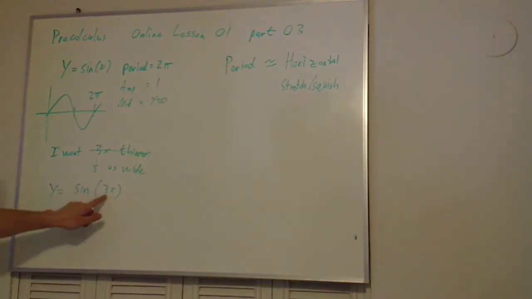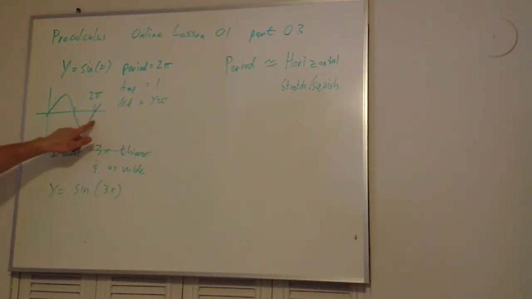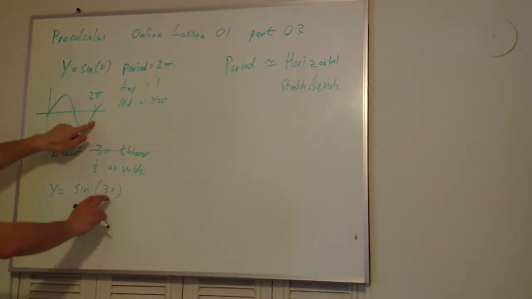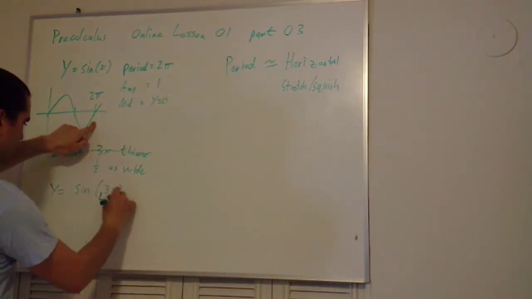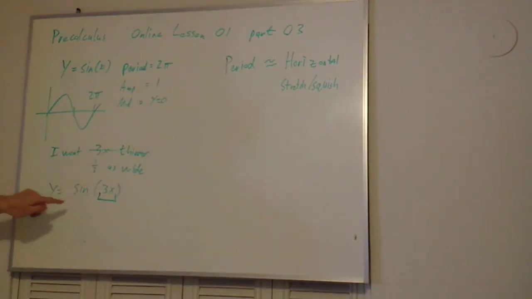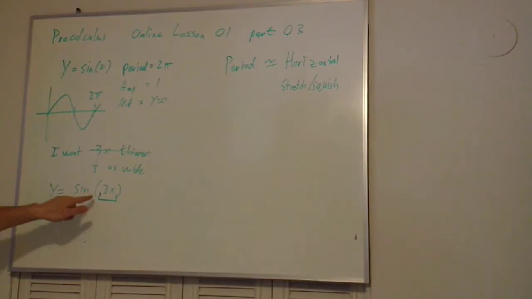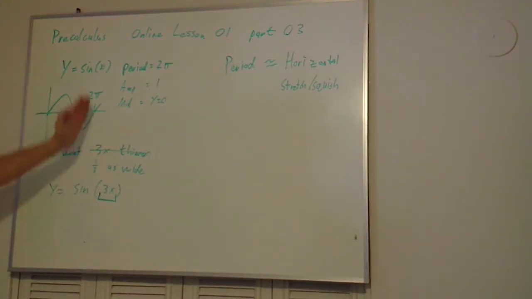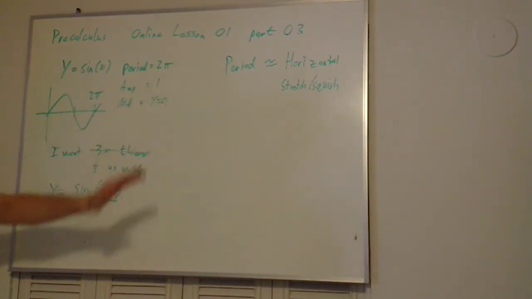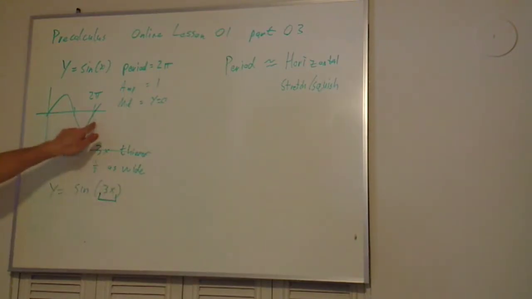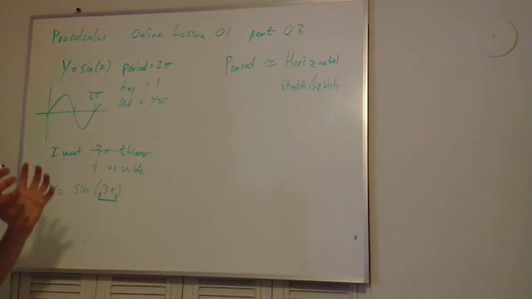And this, by the time x is 2 pi, this argument that we're taking the sine of, that's going to be 6 pi at that point. The thing inside the sine wave will have done 3 full rotations by the time x is 2 pi, because the thing inside sine is going to be 6 pi.